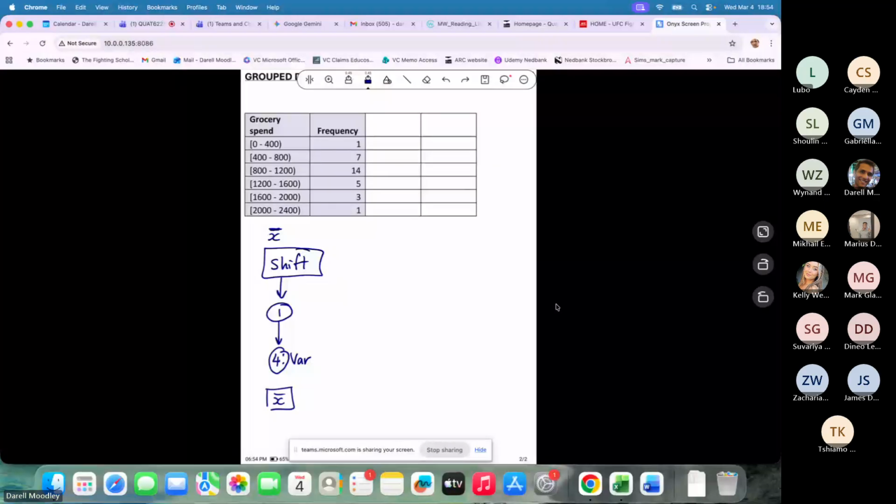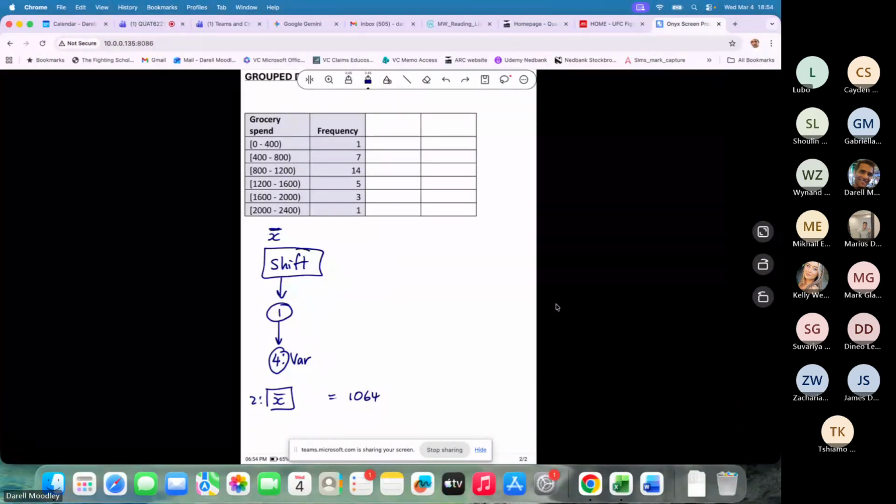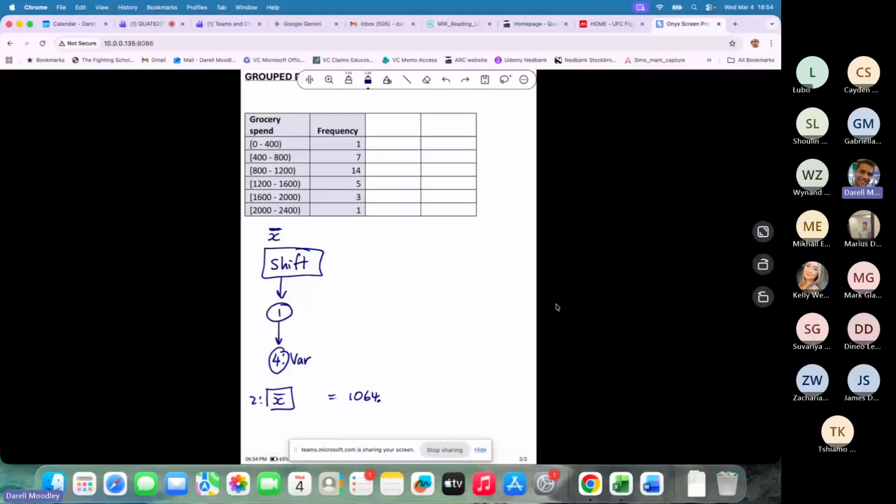If that's option 2, then press 2. And everyone should have a value of, I believe, 1064.52, rounded to 2 decimals. And that's the average grocery spend.